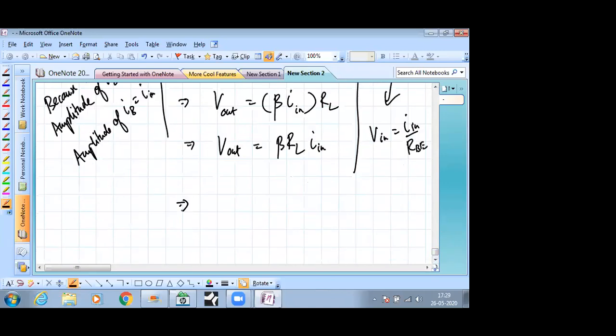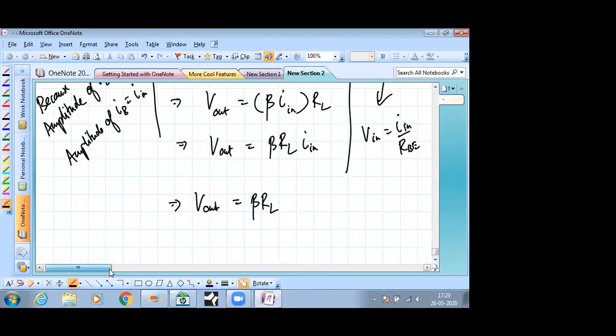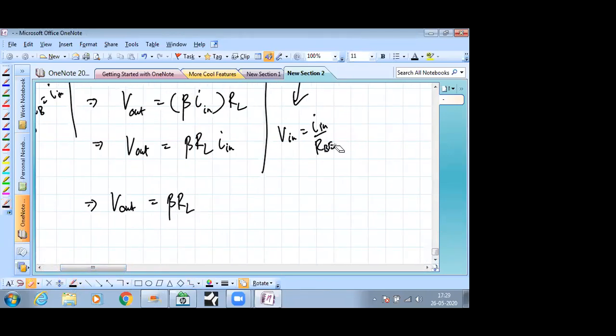So you get that V output becomes beta times RL into I input, which is this equation here. So the I input here I can replace with V input upon RB.